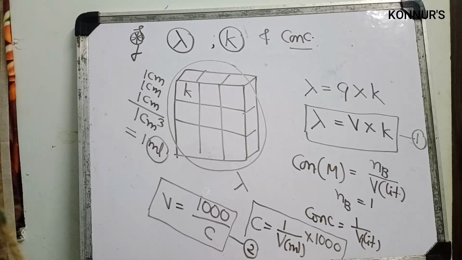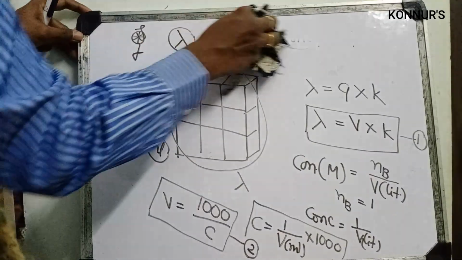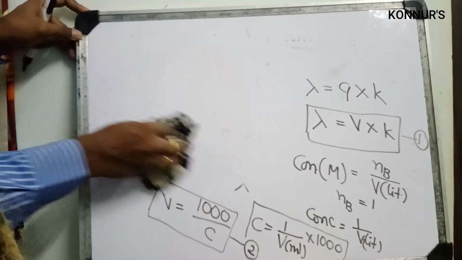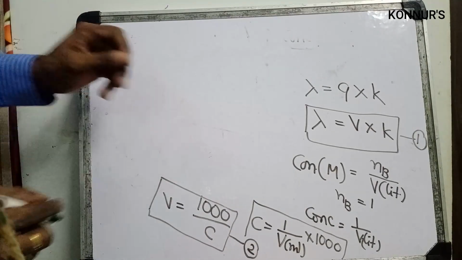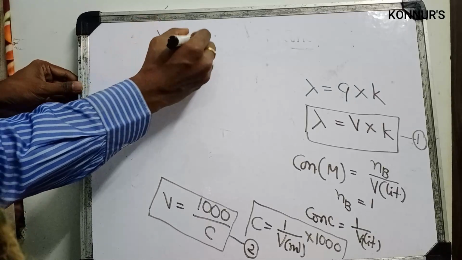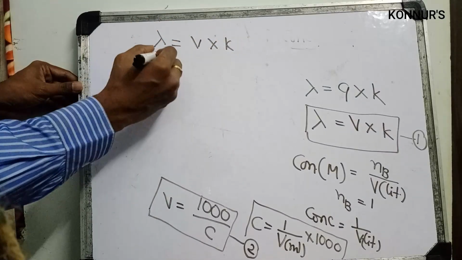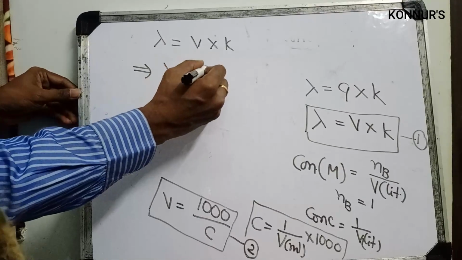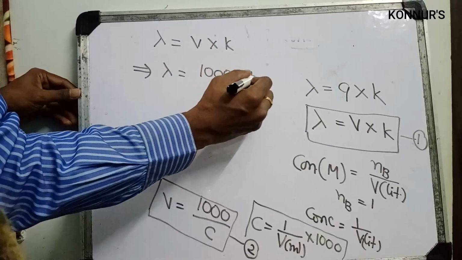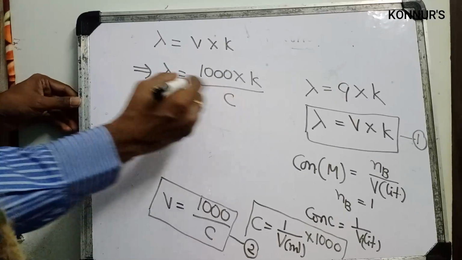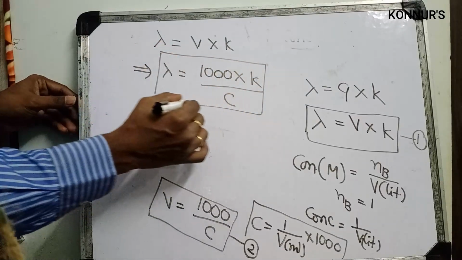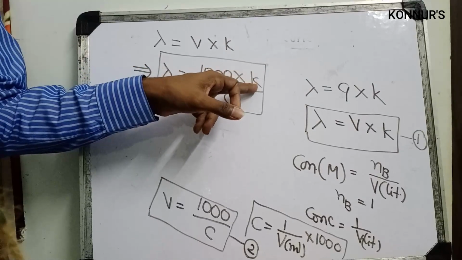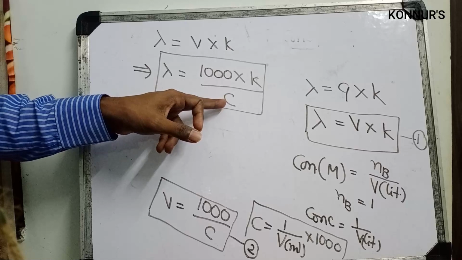Now from 1 and 2, lambda equals V into K. That implies lambda equals, in V's place you can write 1000 by C, so 1000 into K by C. So the conductance is lambda, specific conductance or conductivity is K, and concentration is C.